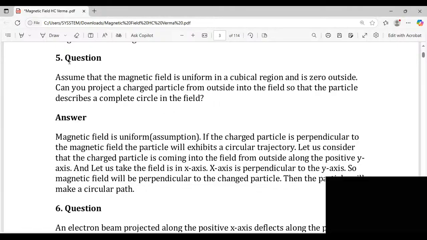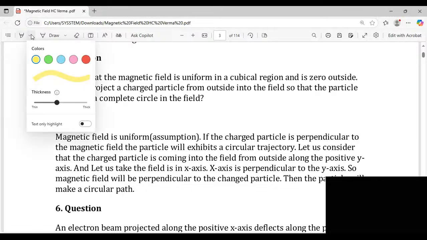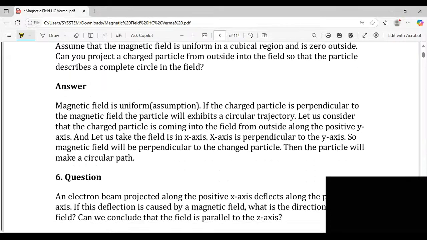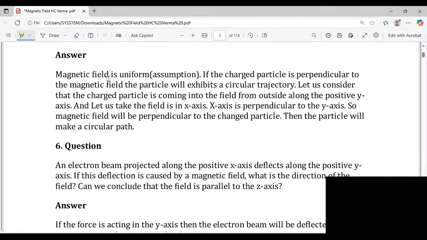Let's see the answer to this question. The magnetic field is uniform. Assumption: if the charged particle moves perpendicular to the magnetic field, the particle will exhibit a circular trajectory.